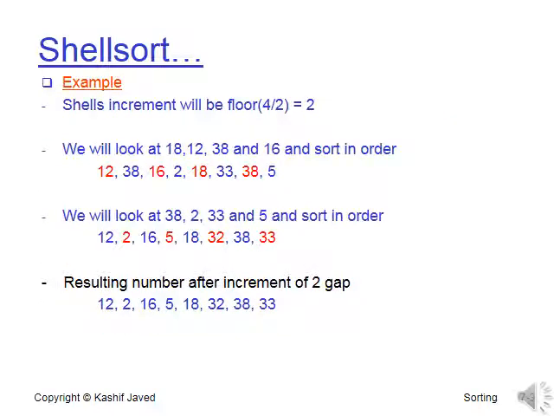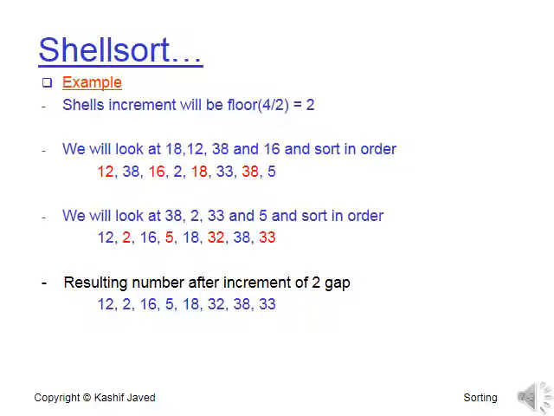Now further, Shell's increment will be floor of 4 by 2, which equals 2. We will look at numbers 18, 12, 38, and 16 and sort in order, which will then be 12, 16, 18, and 38.